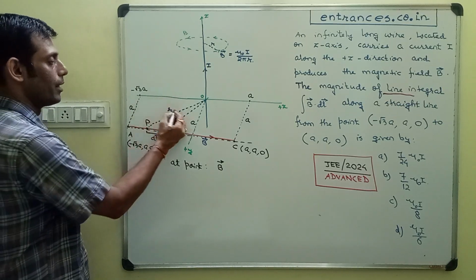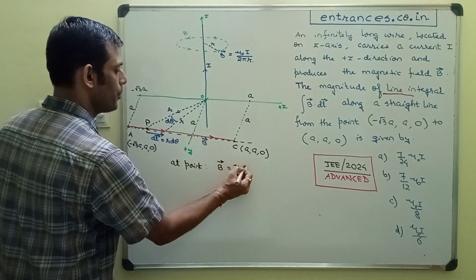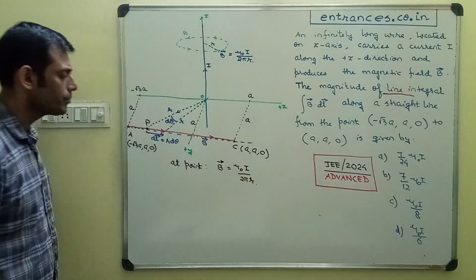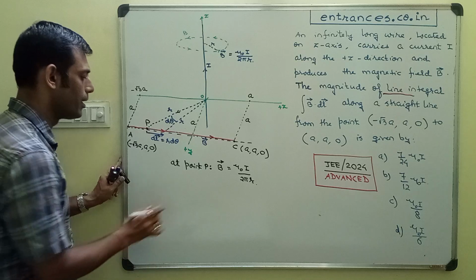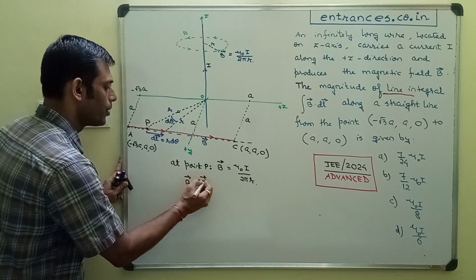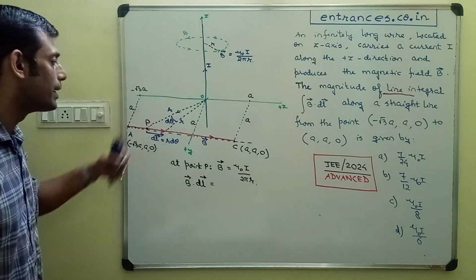perpendicular to the radial vector, and the B vector is given by mu naught I by 2 pi R at point P. So therefore, this B dot dl dot product. Now vector B would be directed in the direction of the dl.